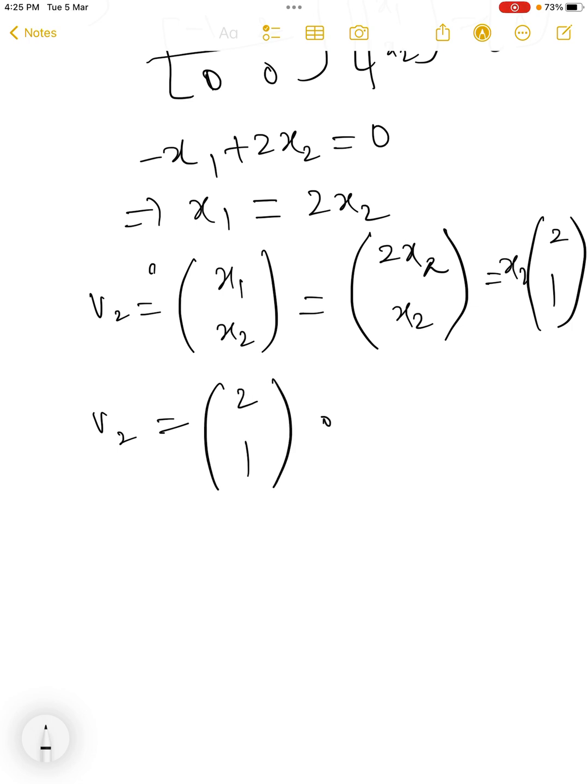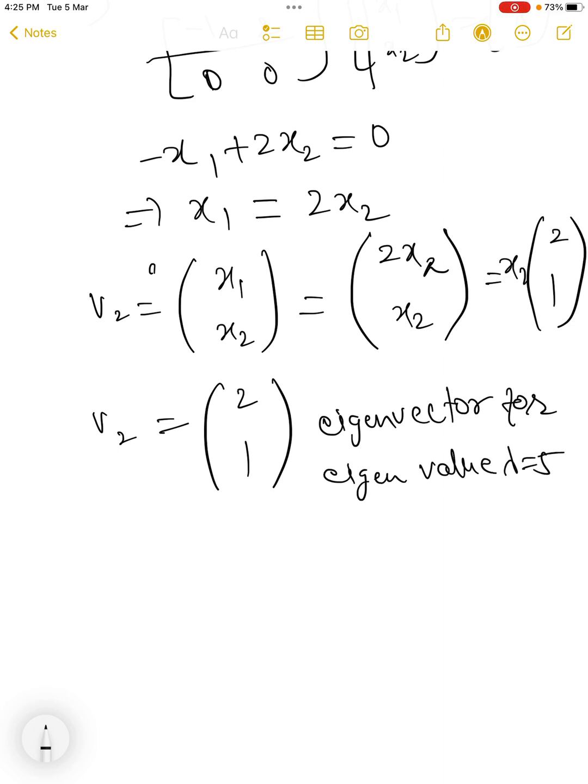This is the eigenvector for eigenvalue lambda equal to 5. So we found two eigenvalues, 2 and 5, for the given square matrix A and the corresponding eigenvectors v1 and v2.